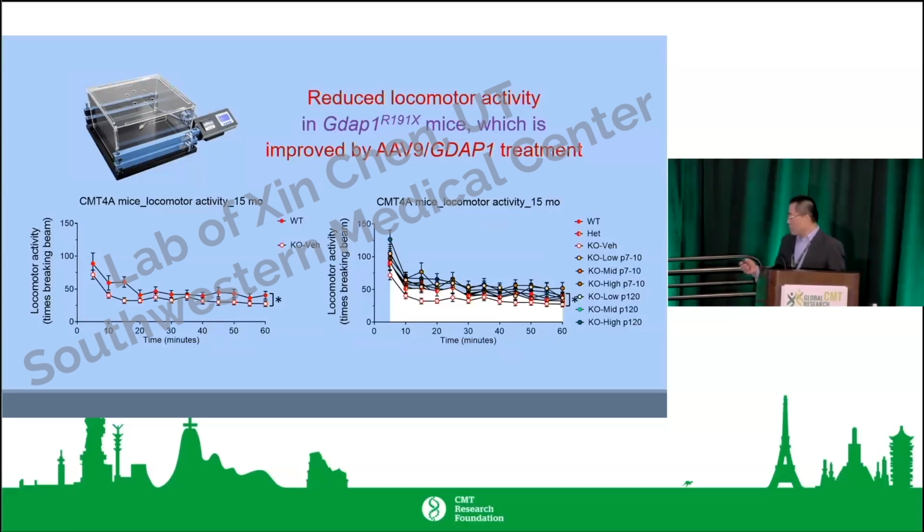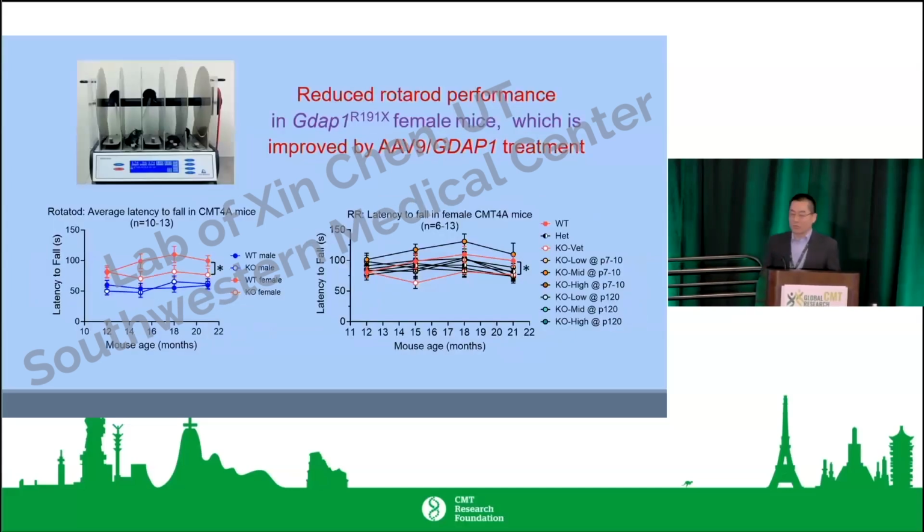Similarly, we performed a rotarod study, and this time we see rotarod deficits only in females, shown in red on the left, but not in males, shown in blue on the left. These deficits in females can also be improved by our treatment, especially the early and middle dose.